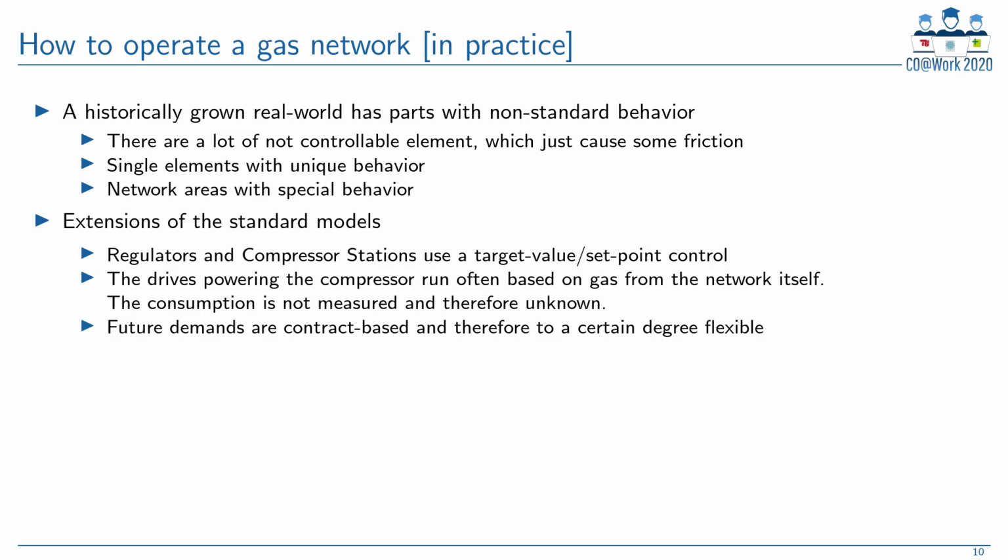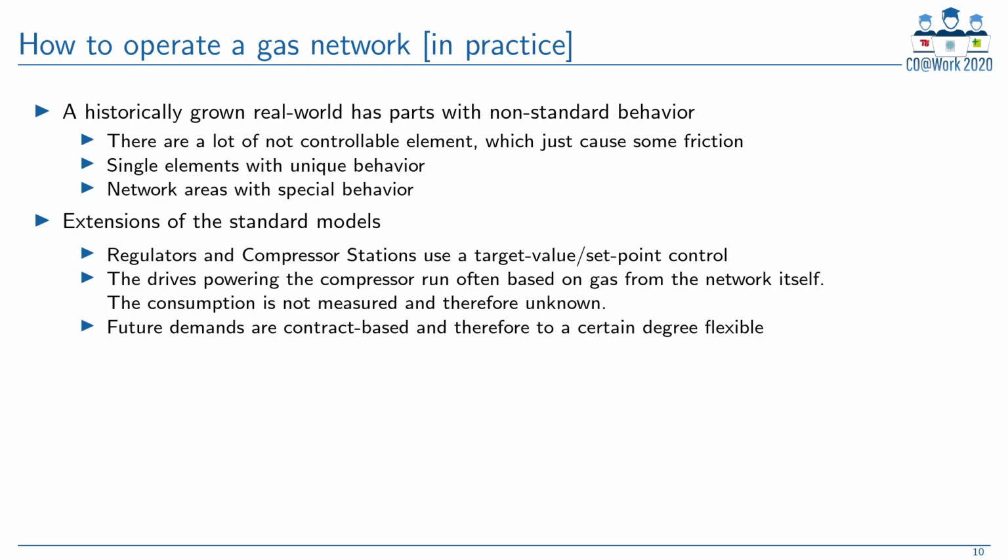One example for this is the target value or set point-based control used for regulators and compressor stations. For these elements, the network operator cannot specify the point of operation directly, but can only indicate desired levels for the involved quantities, like for example a desired outgoing pressure level as well as the desired flow throughput. The compressor station then tries to achieve these levels based on an internal set of rules.